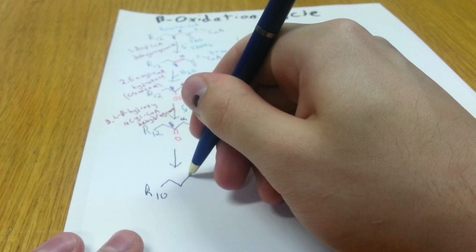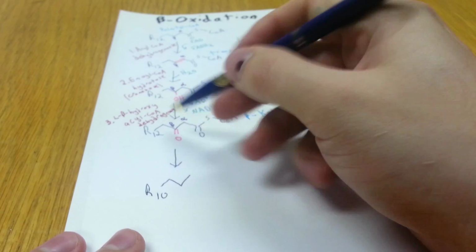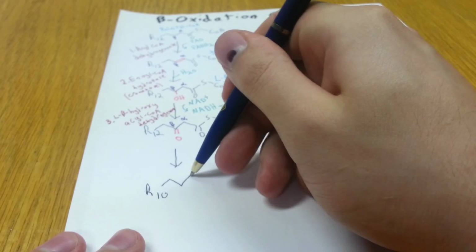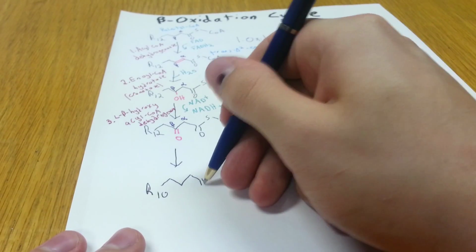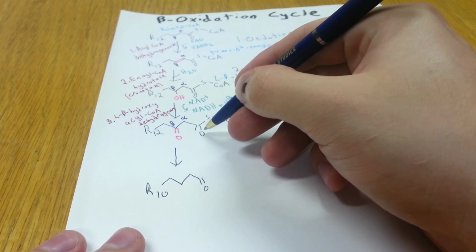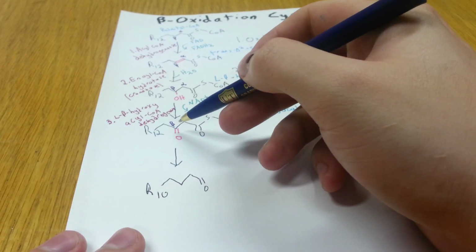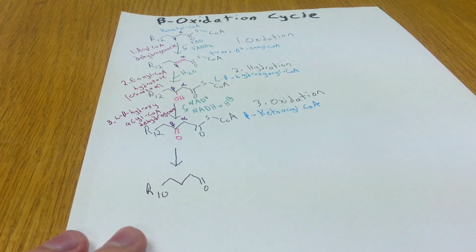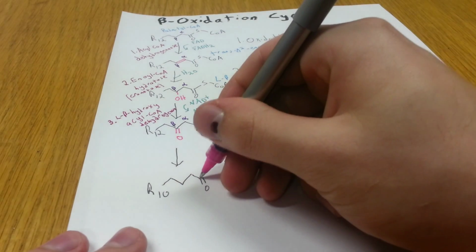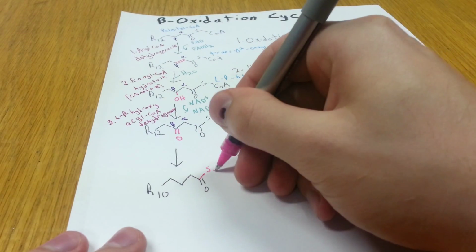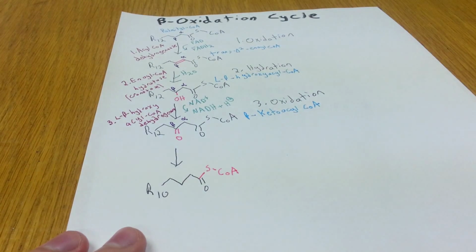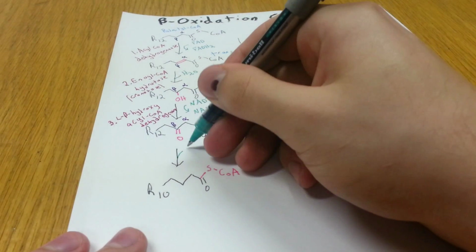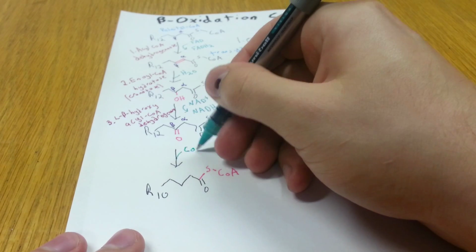So this becomes our new alpha and beta chain, which used to be part of this chain here. And this pink ketone here becomes our new precursor to the alpha beta carbons. And a new CoA group gets added here. And this is done with the help of CoASH.